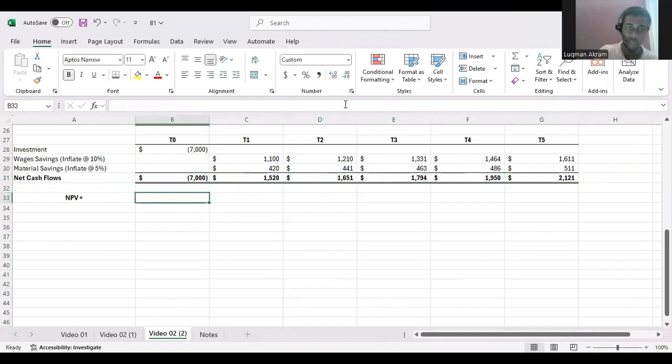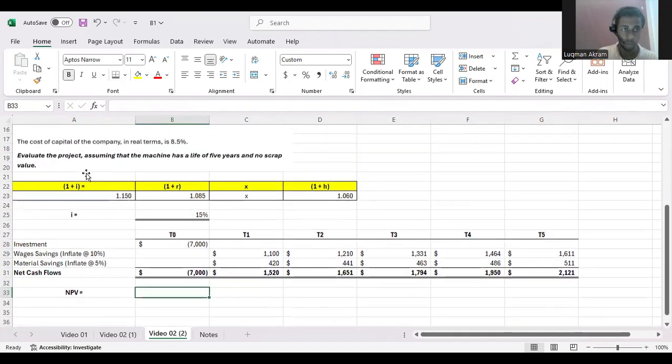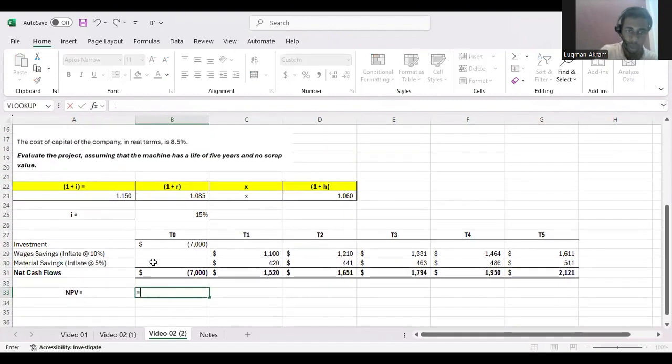Now we can calculate the NPV to evaluate our project. We can use the NPV formula in order to get the answer instead of doing individual discount rates, which would take more time. This is a time saving technique. You have to input the rate first, which is 15%, and then the values, cash flows, close the bracket, put the plus sign, and the investment.